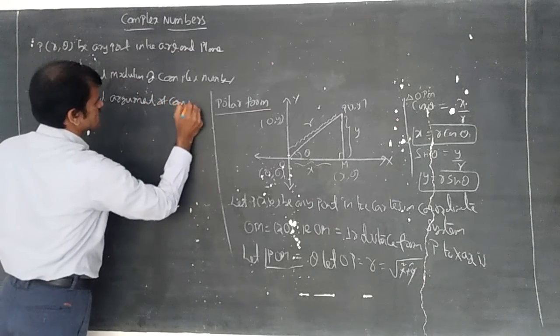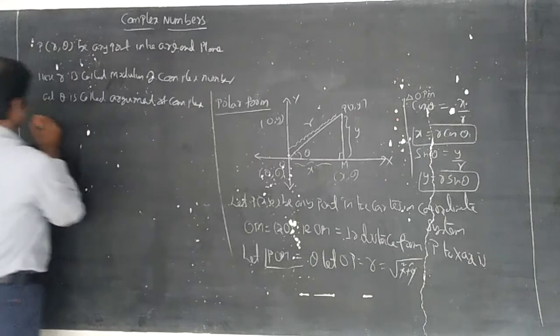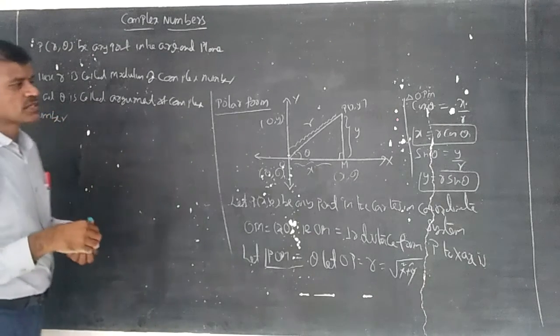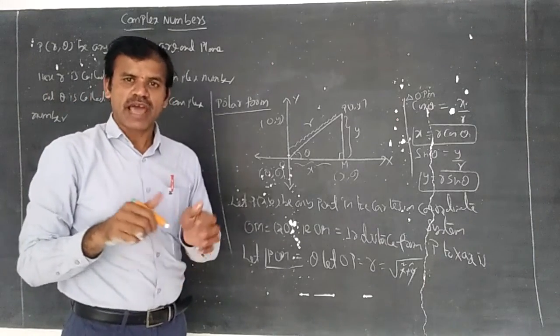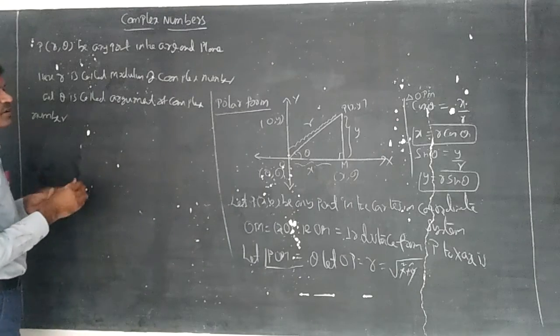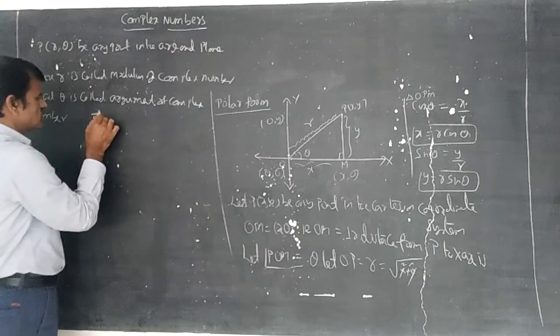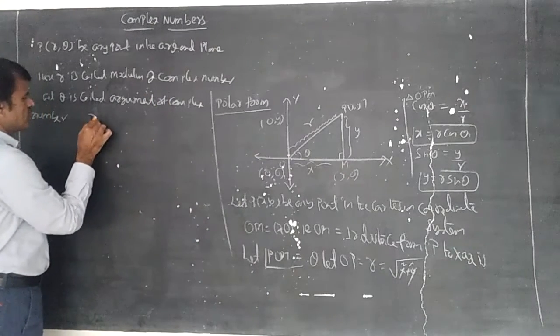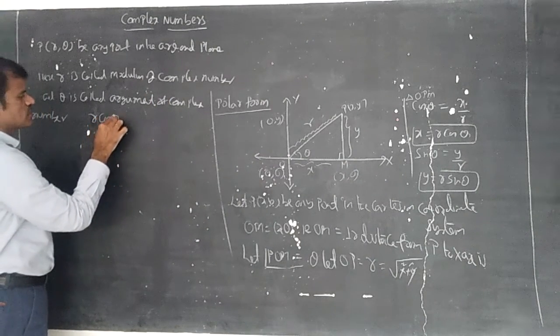Argument of the complex number. So what is argument? Argument is nothing but angle or amplitude.